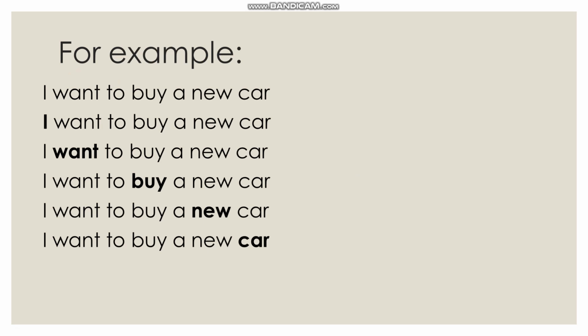We can see an example for them, like: I want to buy a new car. Here, our intonation may fall on words like I want, buy, new, and car, and the meaning of our statement can vary among this type of sentence.